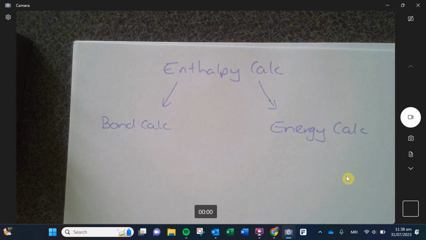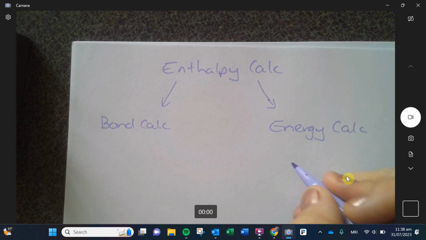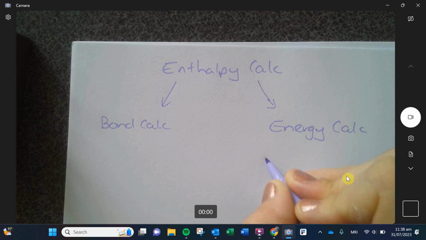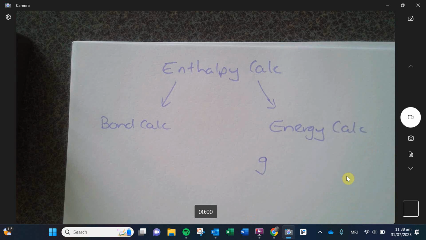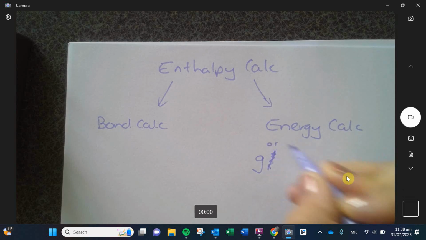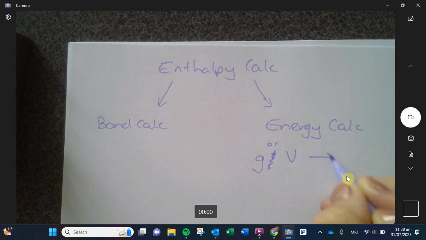I'll start with the energy calculations. With the energy calculations, these mathematical relationships are going to ask it in one of two ways. Either, for example, you've been given so many grams of something in a chemical reaction, or a volume of a solution, and they want you to convert it into telling me how much energy is going to be released or absorbed.